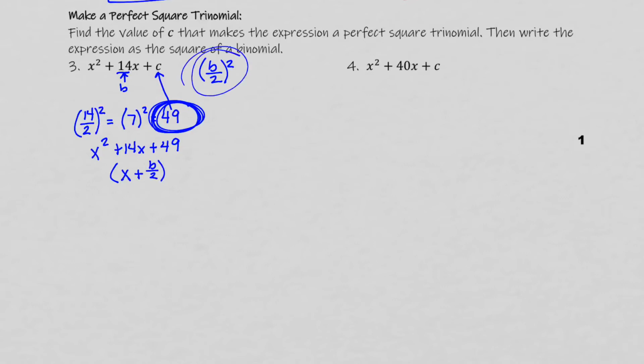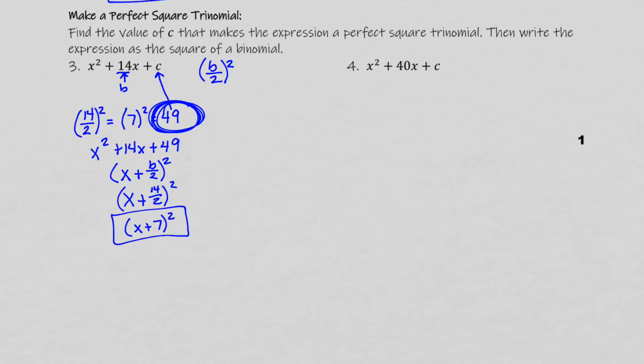Before we square it, it's always half of b squared to get the c, but to get it into the binomial, you just halve the b. Okay, so it's going to be x plus 14 over 2, and all of that squared. So we have x plus 7 squared.